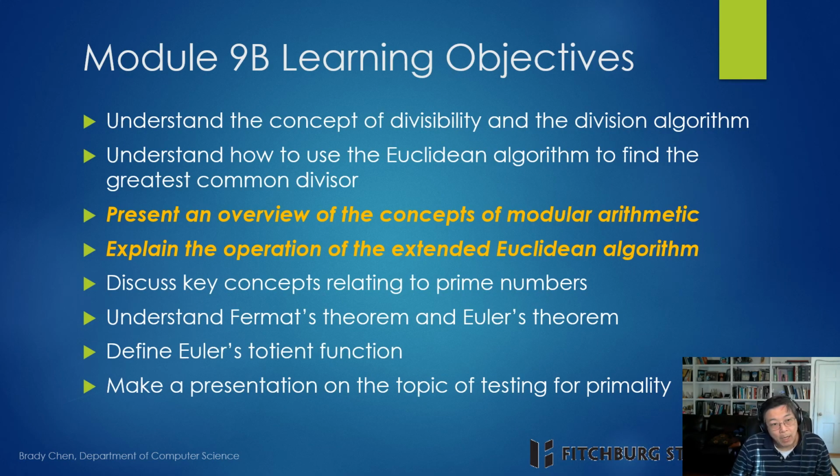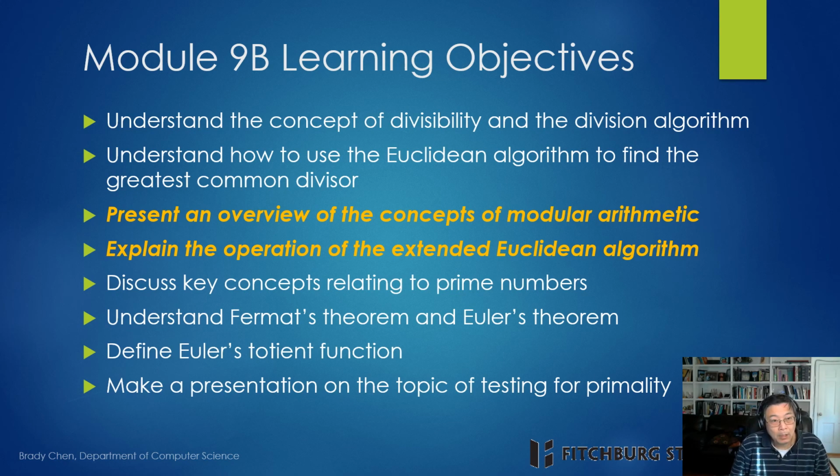In the first part of Module 9, Module 9a, we discussed some of the basic concepts of number theory, divisibility, and the division algorithm. Then we talked about the Euclidean algorithm that is used to calculate the greatest common divisor.